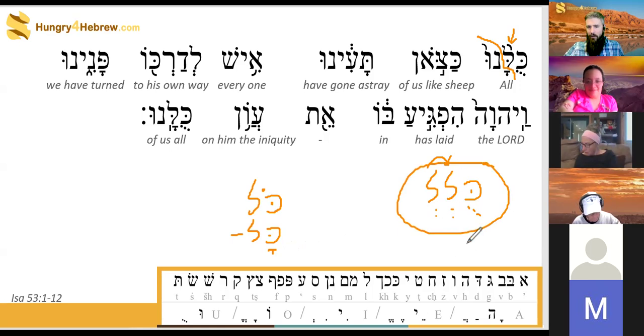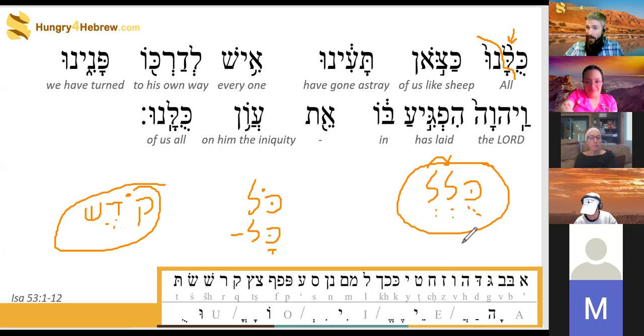This pattern is that of a segolate, like melech and kodesh. It has this u vowel, which turns into an o vowel, much like in the word kodesh. So this word and this word have the same original pattern, but over time they change.